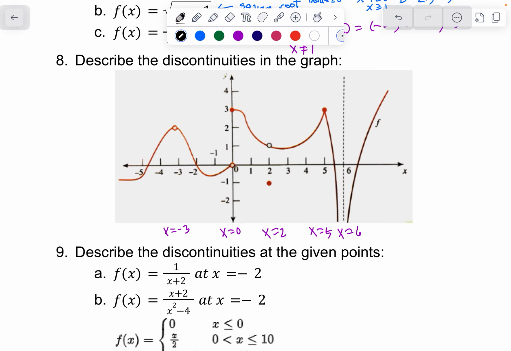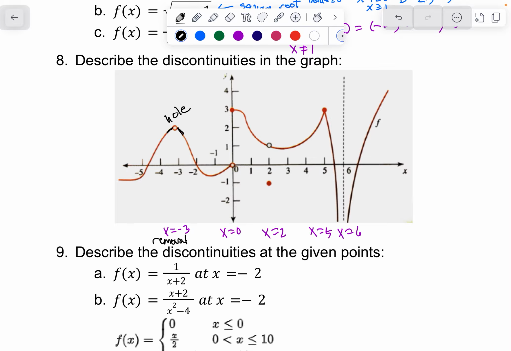So first, let's take a look at this point here. If x is equal to -3, see how we're getting ever so close there, but there's a hole. If you put a hole, that's fine. Mathematically, the terminology for that is a removable discontinuity.